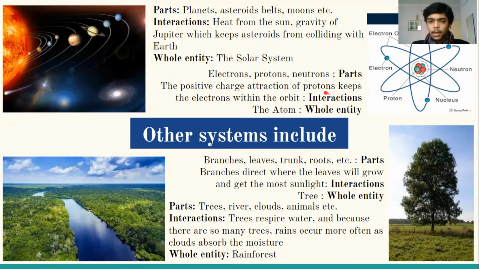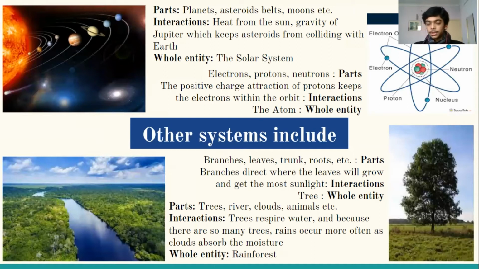And in the second part, well, we have an atom. So the parts of an atom are electrons, protons, and neutrons. There are many more, but you get the idea. Then we have the positive charge of attraction, the positive charge which attracts the negatively charged particles, the electrons.